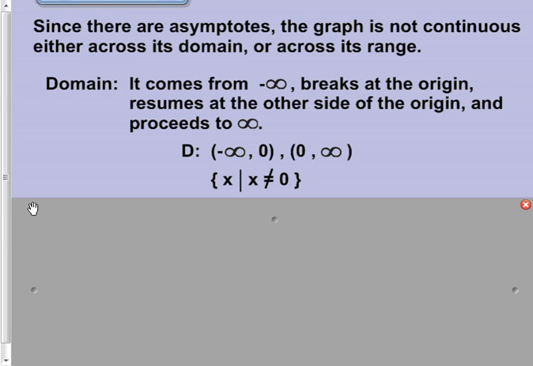That vertical line in there is pronounced "such that." So this actually says the set of all x's such that x is not equal to 0. Again, the set of all x's such that x is not equal to 0. You might want to write that language down next to this little expression.